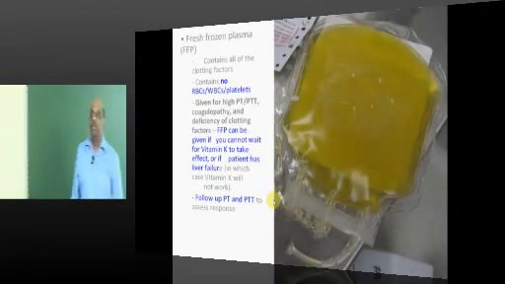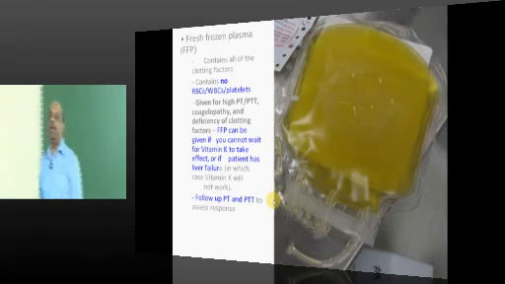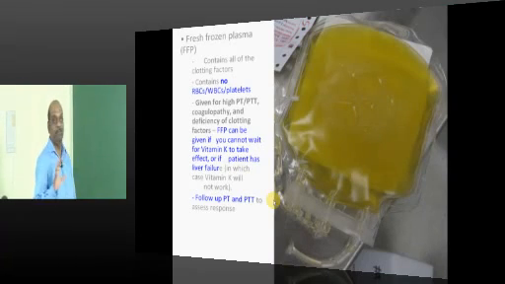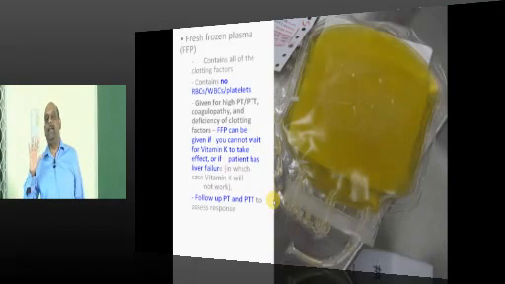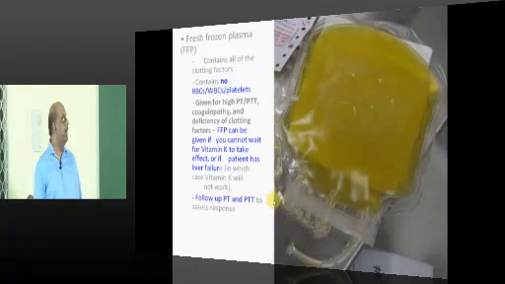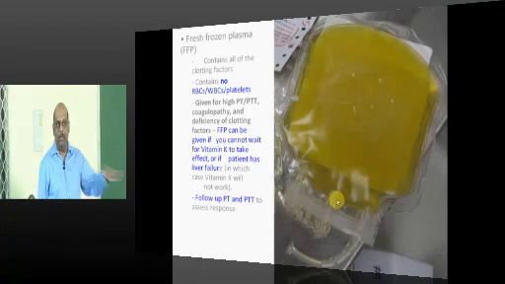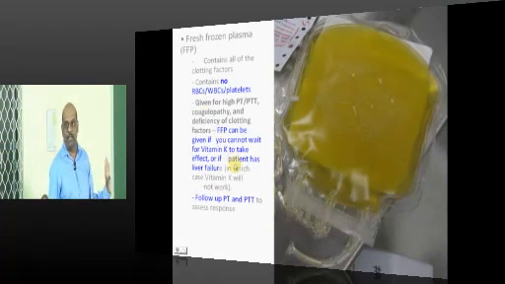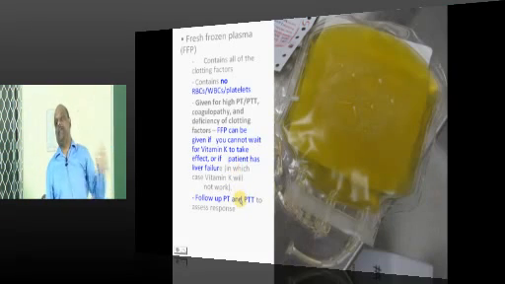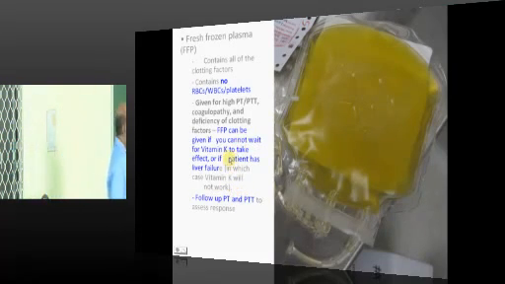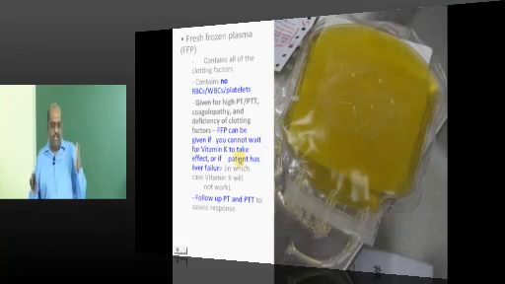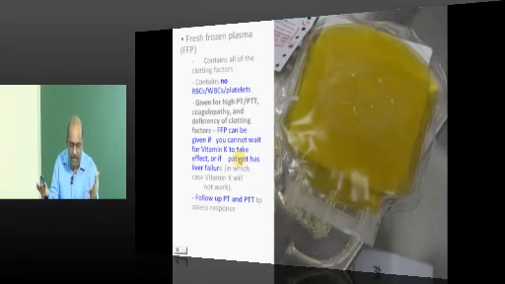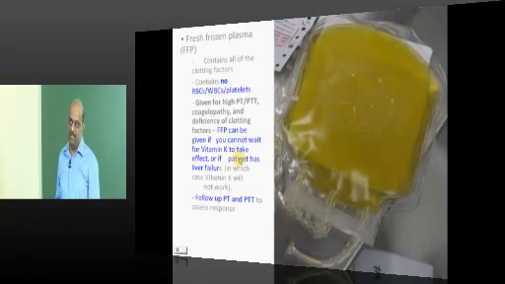Then the second type of transfusion product is fresh frozen plasma. इसका मतलब क्या है? होल ब्लड को लेके उसमें से आरबीसी निकालो, डब्ल्यूबीसी निकालो, प्लेटलेट निकालो, जो रह गया उसको बोलते हैं fresh frozen plasma. Fresh frozen plasma contains a rich, abundant amount of clotting factors.